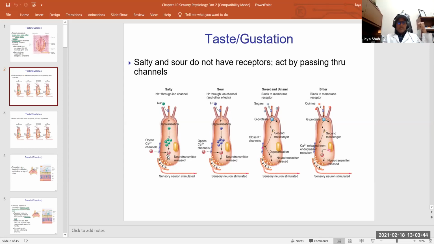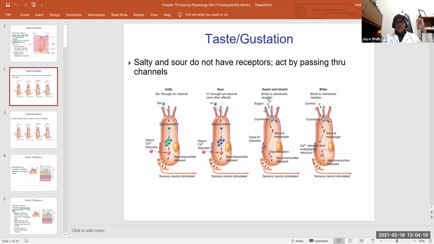Once they depolarize, the vesicle containing neurotransmitter fuses and releases into the synapse, which binds with the nerve terminal, and then the sensory neuron takes the impulse away. Okay. So similarly, if it is a sour substance, it contains hydrogen ion. Hydrogen ion enters and does the same thing, takes the impulse.